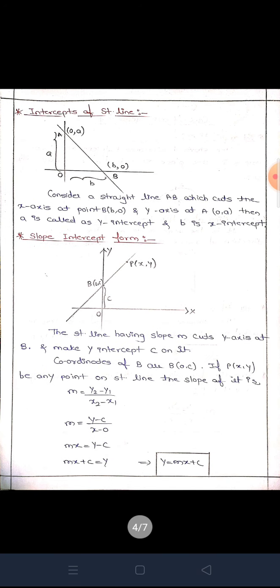Okay, next, intercept of the straight line. Before going to that graph, just check here. Consider a straight line AB which cuts the x-axis at the point B, that is coordinates (B, 0), and the y-axis at A, that is (0, A). Then A is called the y-intercept and B is called the x-intercept.